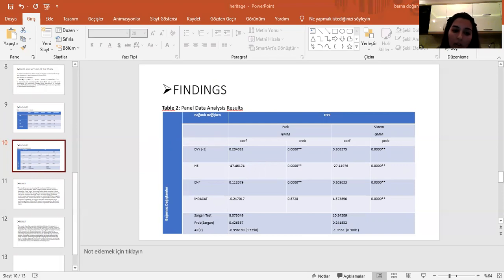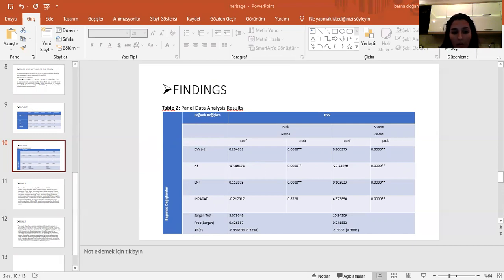The table here shows the effect on FDI. When the analyzed results are examined, variables are associated with FDI at the 1% statistical significance level, where HA and inflation for difference GMM, and HA, inflation and exports for system GMM are significant.